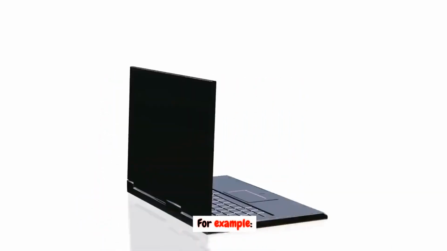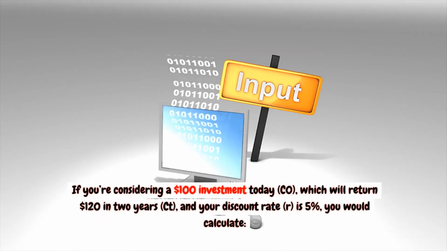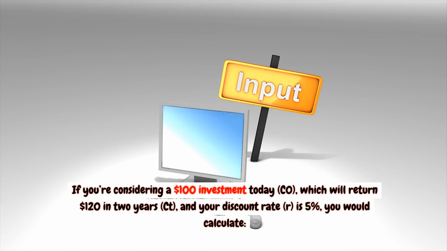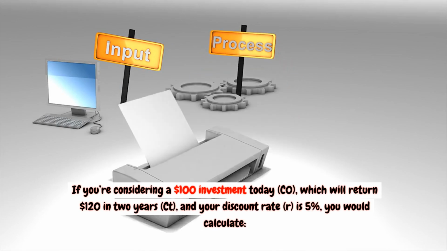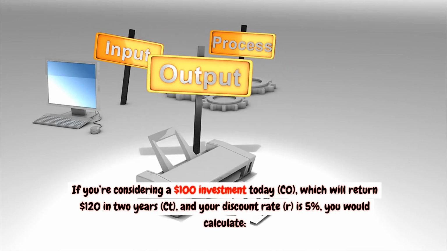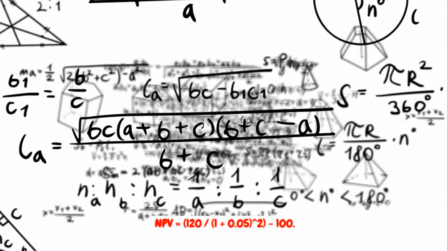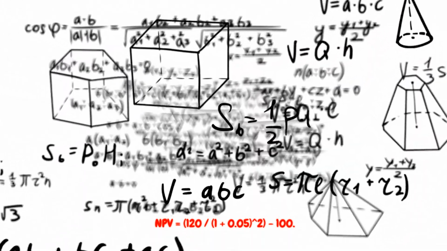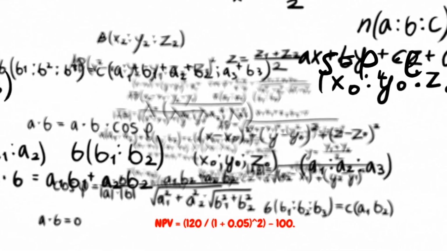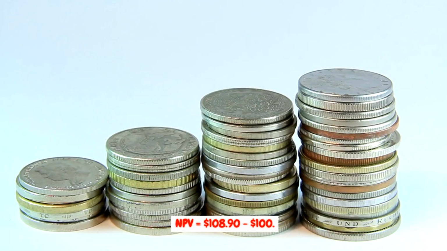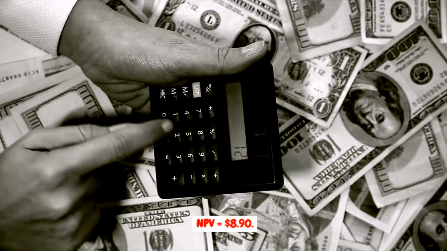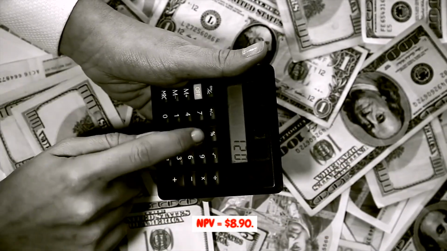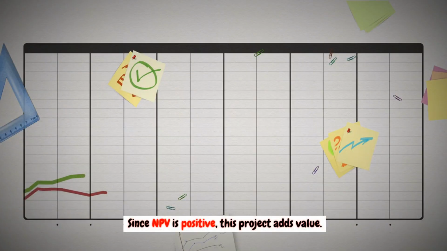For example, if you're considering a $100 investment today, C0, which will return $120 in 2 years, Qt, and your discount rate, R, is 5%, you would calculate NPV equals 120 divided by (1 plus 0.05) squared, minus 100. NPV equals $108.90 minus 100. NPV equals $8.90. Since NPV is positive, this project adds value.